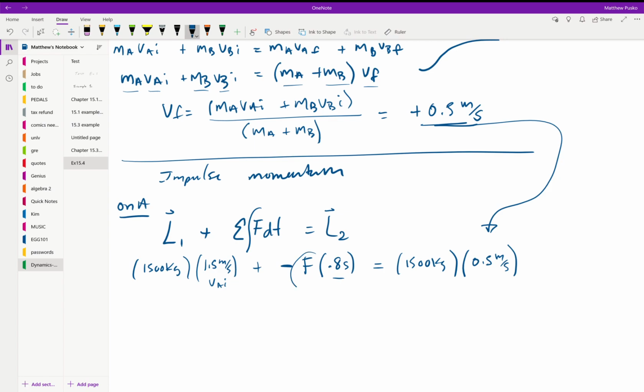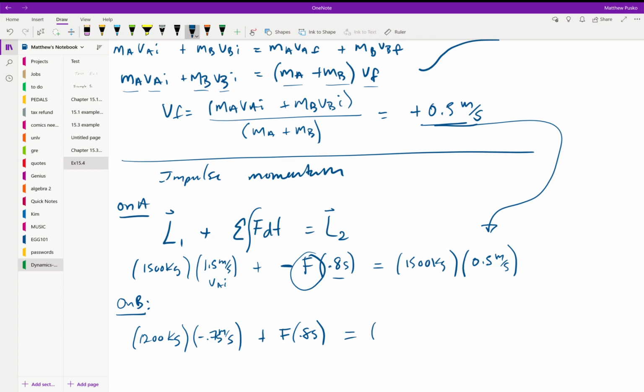Alright, we can now solve for F. We could also have done this by looking at B. If we looked at B, we would have the 1200 kilogram mass. They told us it was initially going 0.75 meters per second. In this case, we would have a positive impulse applied to it. It was going to the left, which we called negative, but a positive force to the right was applied for 0.8 seconds.